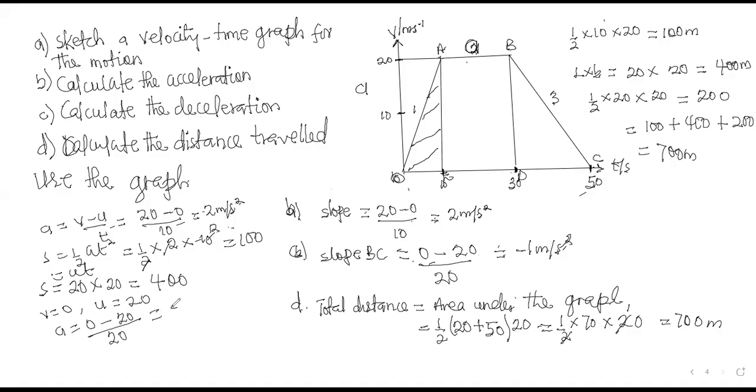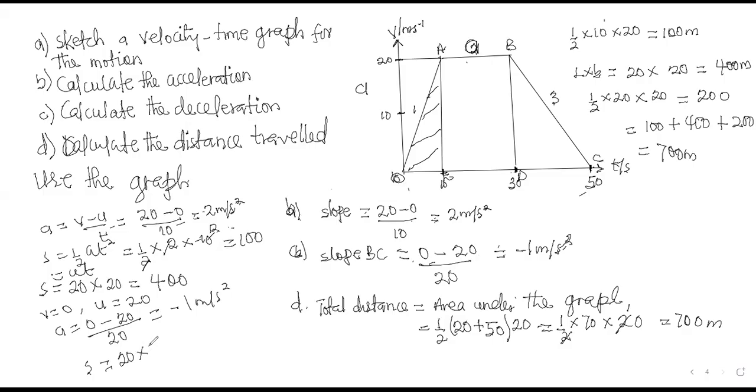This is minus 1 meter per second squared. All right. Therefore, we'll have S being equal to UT and U is 20.